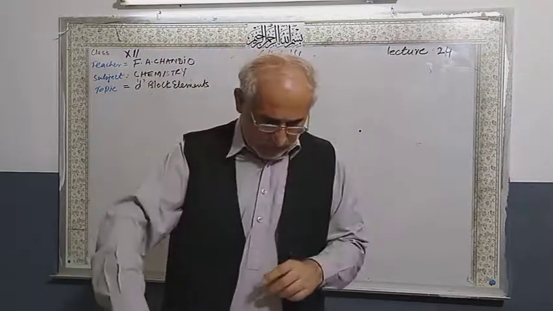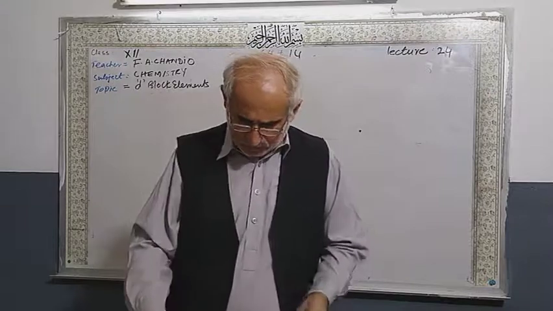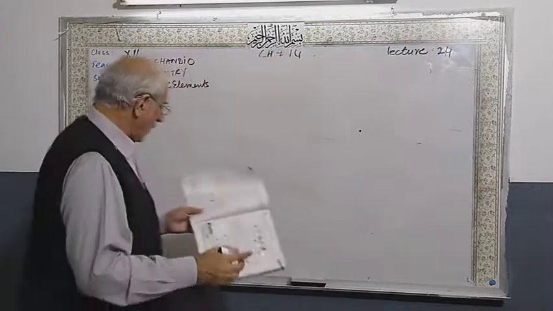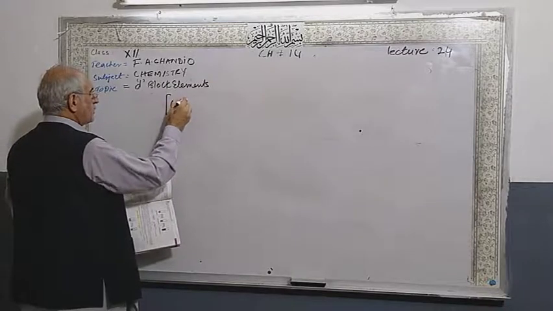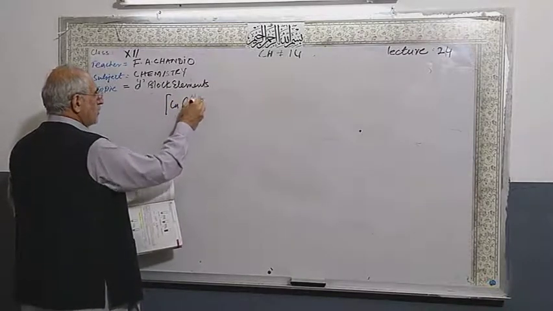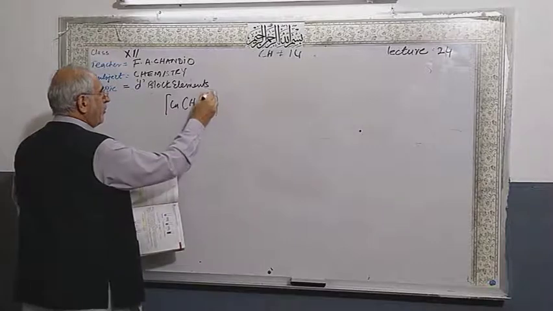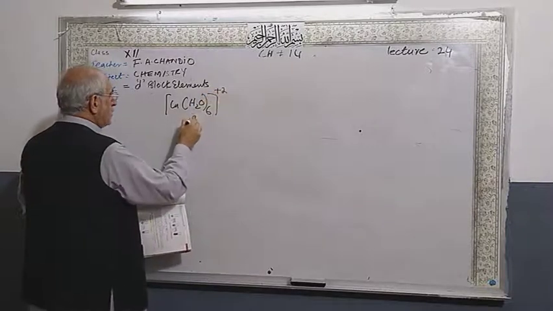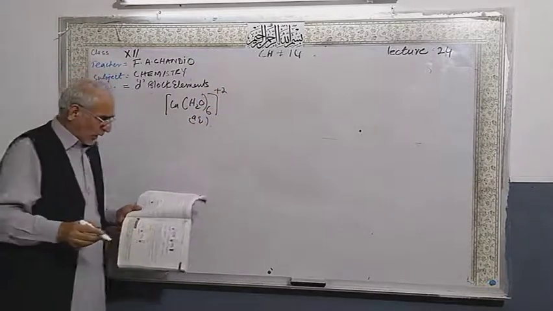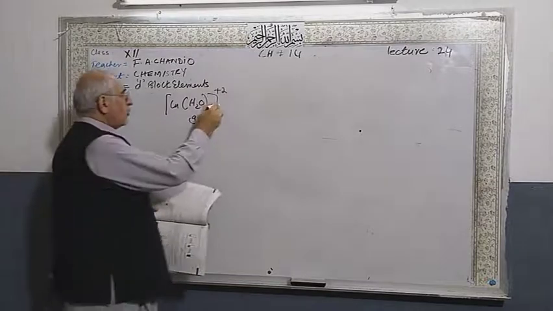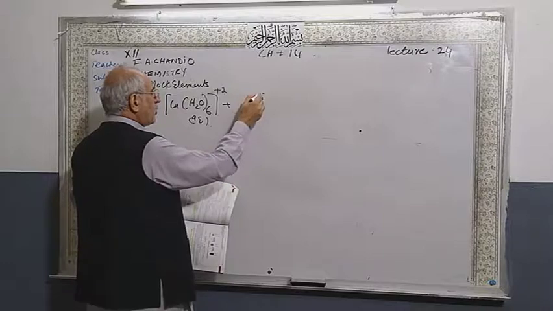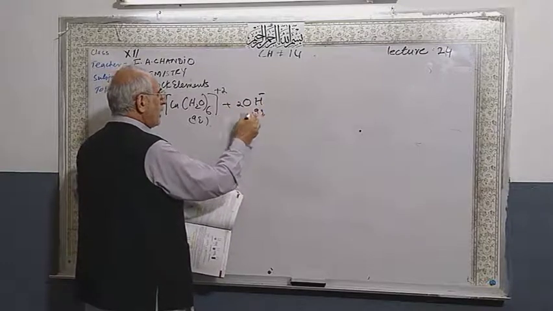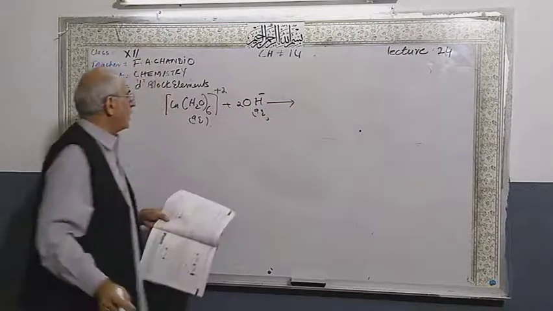So the reaction, as I already told you, is hexa aqua copper 2 with hydroxide. This is the first one. When I wrote the topics, I told you this is the last one.